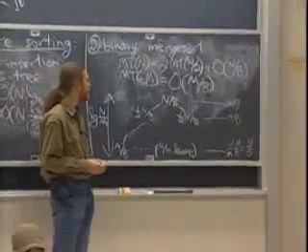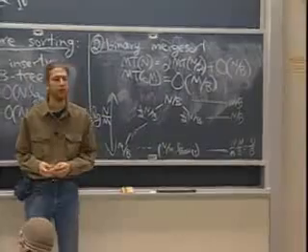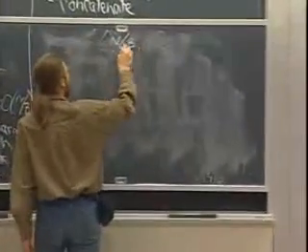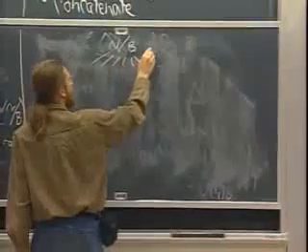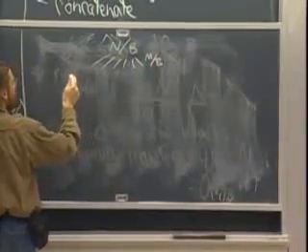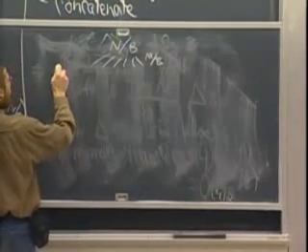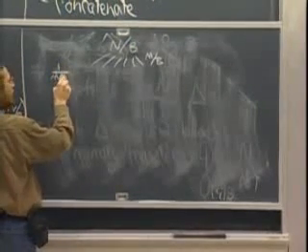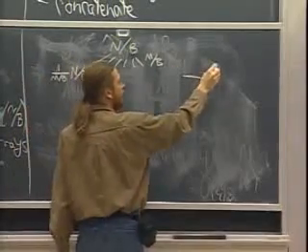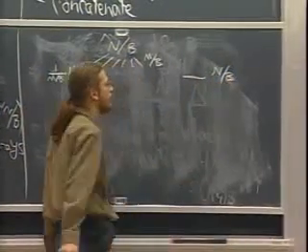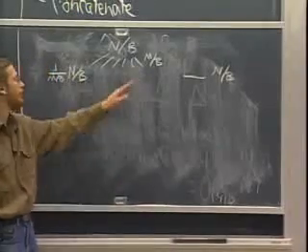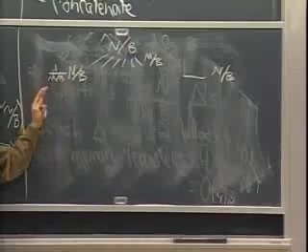What improves here? I claim the per level cost doesn't change, because at the top we get N over B just as before. Then we split into M over B subproblems, each of which costs a 1 over M over B factor times N over B. So you add all those up, you still get N over B, because we're not decreasing the number of elements, we're just splitting them. There's now M over B subproblems, each of 1 over M over B the size.